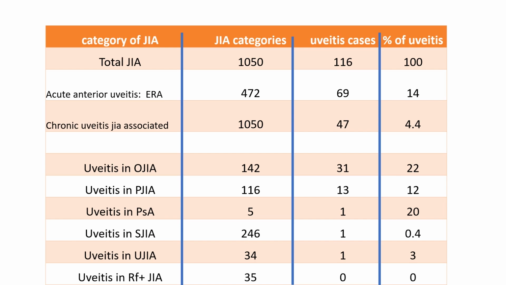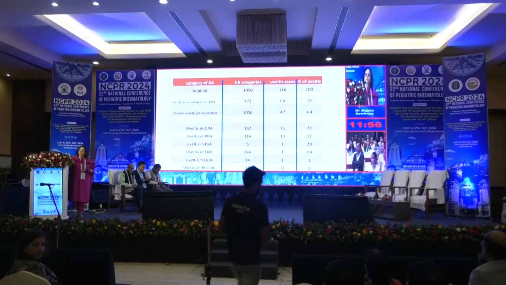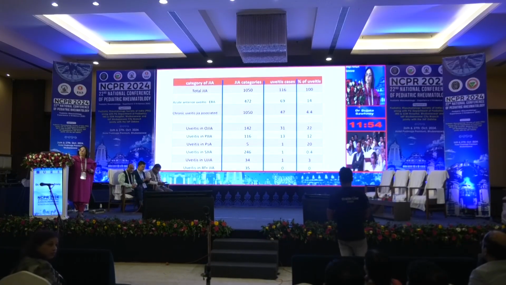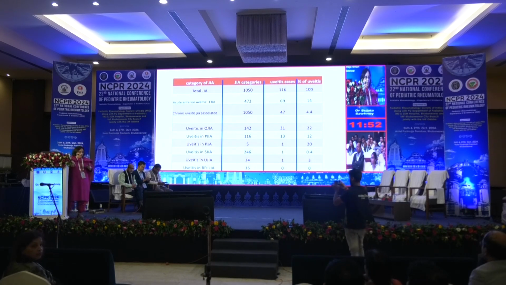World literature says 5 to 19%. We are lower because the maximum number of our juvenile arthritis patients belong to the enthesitis related arthritis category, more than 40%, and the incidence of uveitis in the ERA subcategory is 14%.